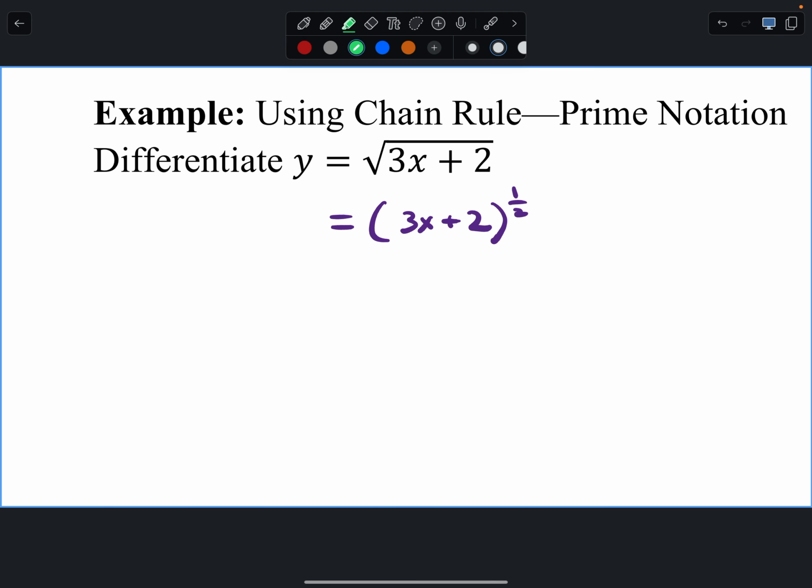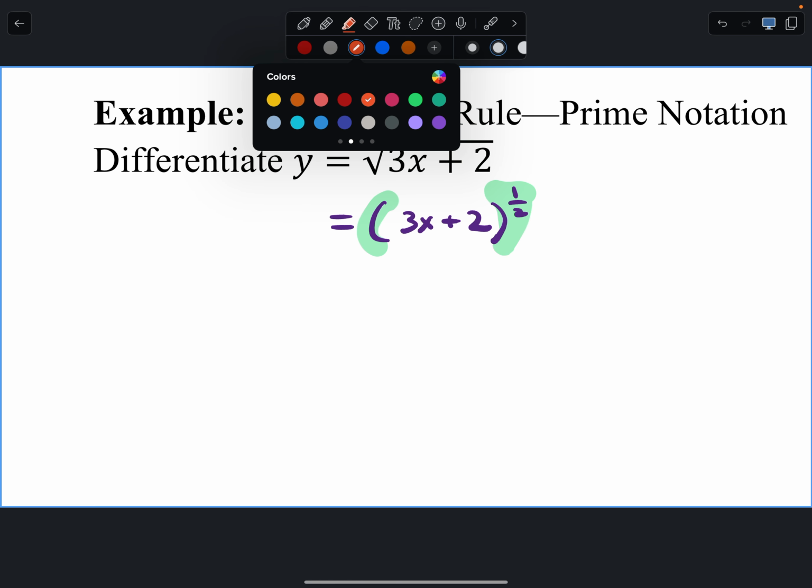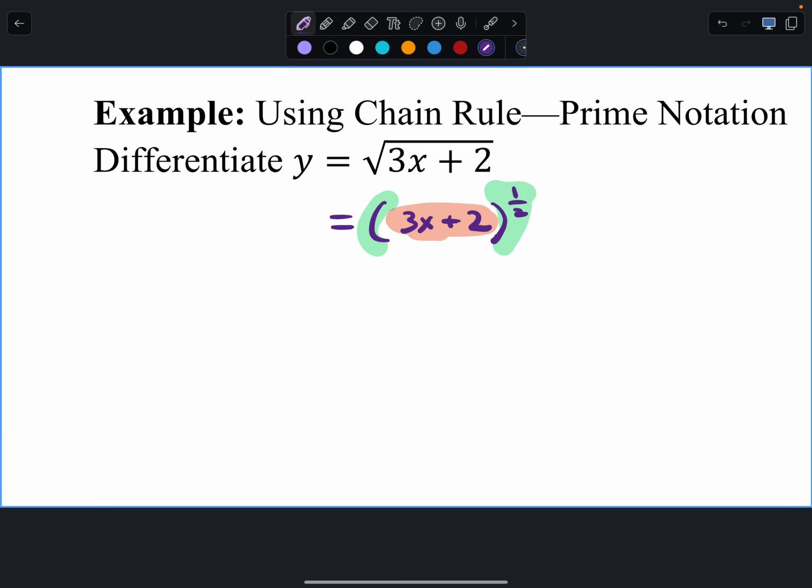So then I can think outside function, inside function. Okay, so dy over dx, which is the same as y prime, talking through it, and I find it helpful to talk through it. I encourage you to do it if it's helpful to you.